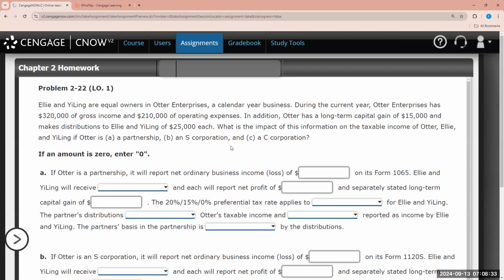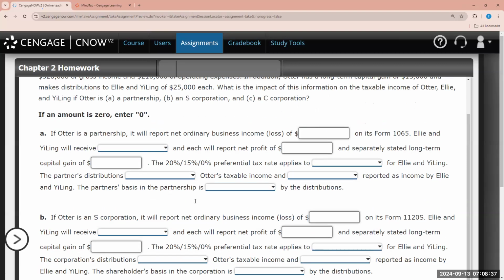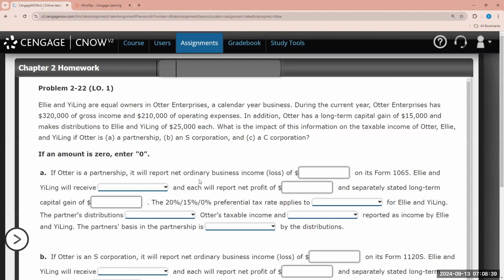All right, this brings us to our next question. And we have two questions we need to answer. It says Ellie and Yeeling are equal owners in Otter Enterprises, a calendar year business. During the current year, Otter Enterprises has $320,000 of gross income and $210,000 of operating expenses.